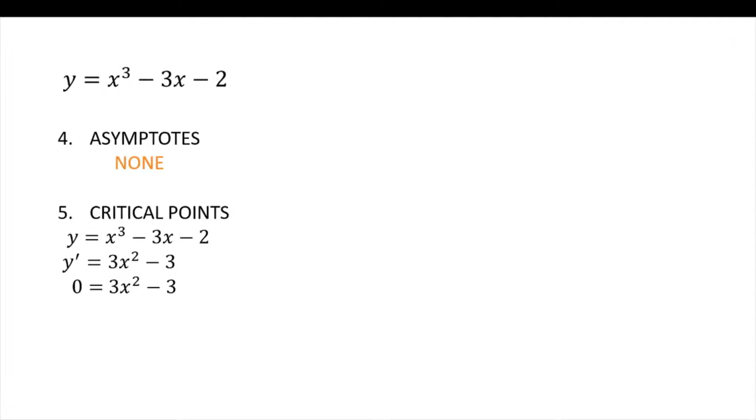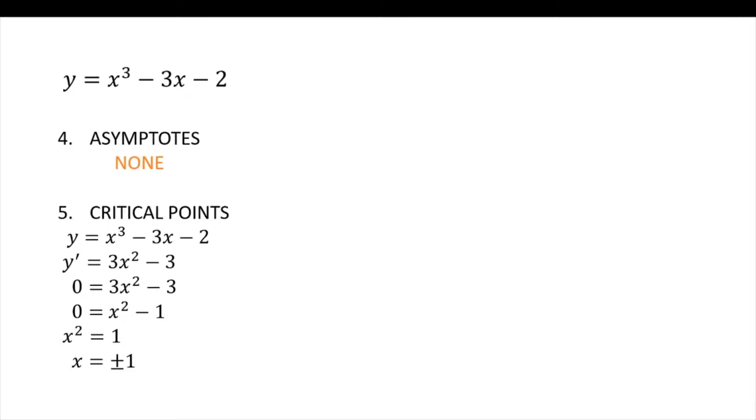We can factor out 3 so that we are left with 0 equal to x squared minus 1, and then solving for x we get x equal to positive and negative 1. So these are the critical values. Since we are after critical points, we need to get the y values also.